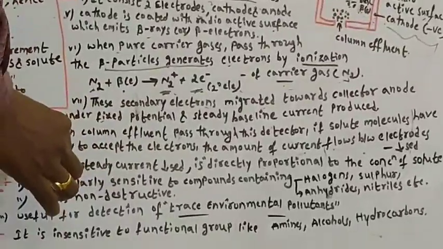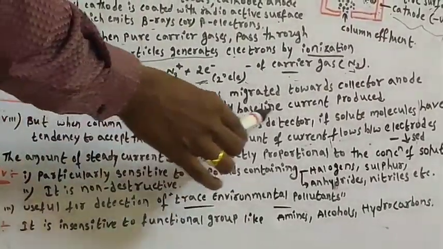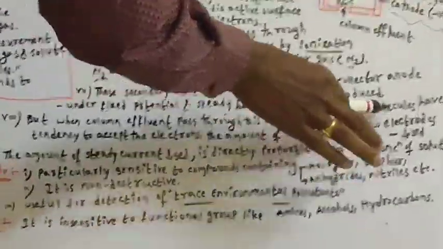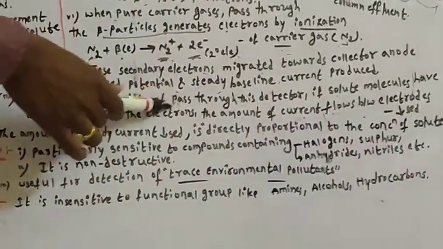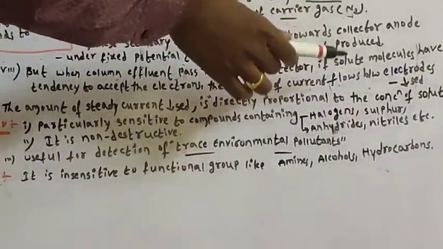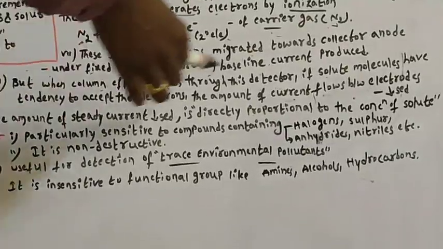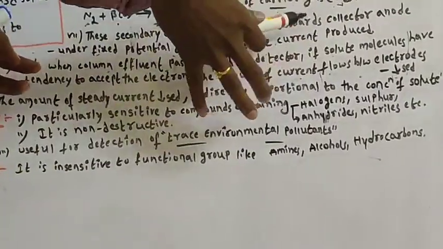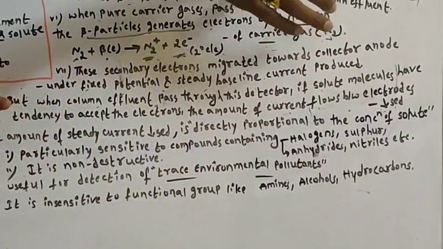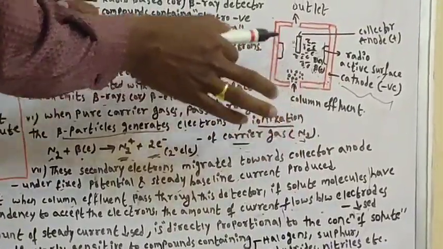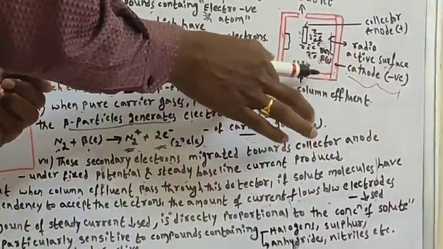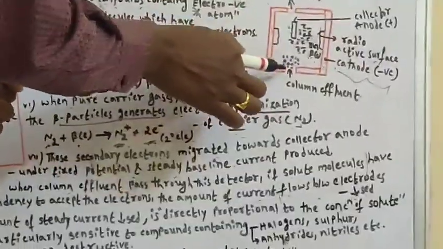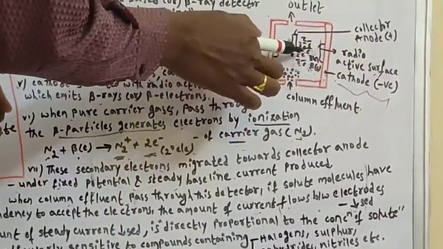But what will happen when the column effluent passes through this detector? If solute molecules have the tendency to accept electrons, the amount of current flowing between the electrodes will be reduced. Means if the sample present in the column effluent has electron affinity, it will capture some electrons between the cathode and anode.